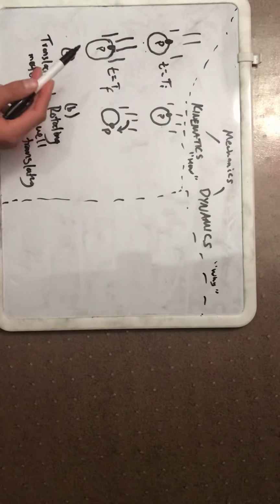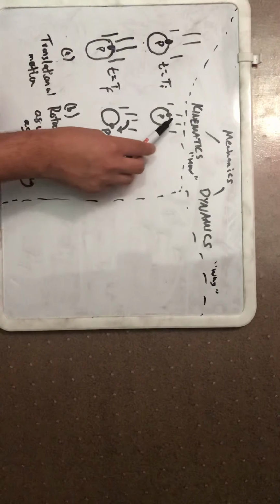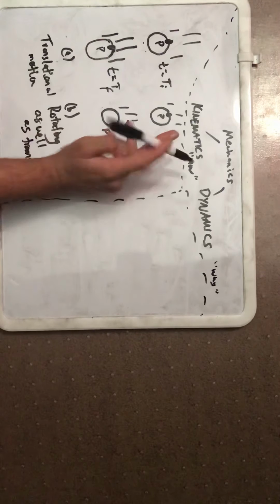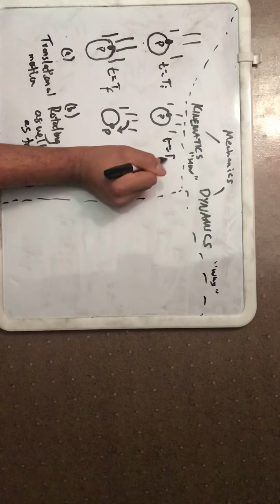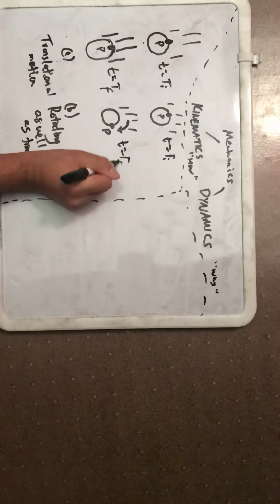How you know that there's rotation is when you have this point P over here and it's shifted. That same point that was once here at time t equals ti is now here at time t equals tf. And it's rotated. But not only that, the ball has fallen a little bit. These lines are supposed to indicate wind, or that the ball is moving.